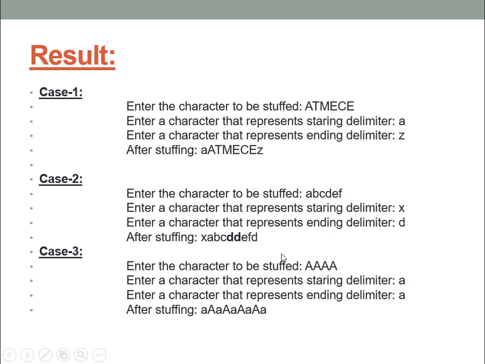When I go to case 3, what are the things done? I have taken the character with similar characters itself, A. Here each and every time the source and the destination are considered the same.